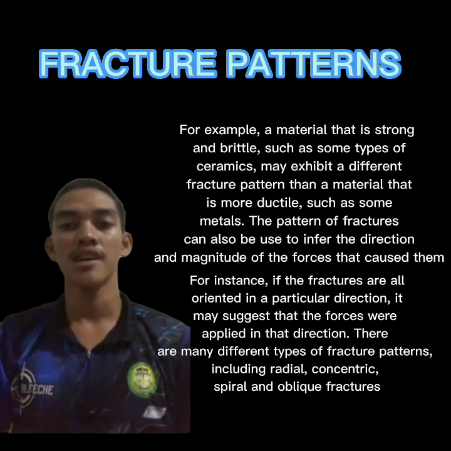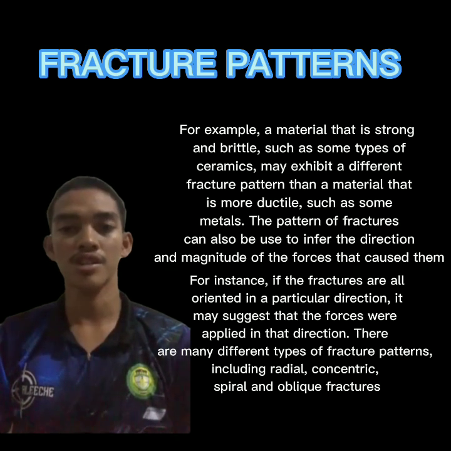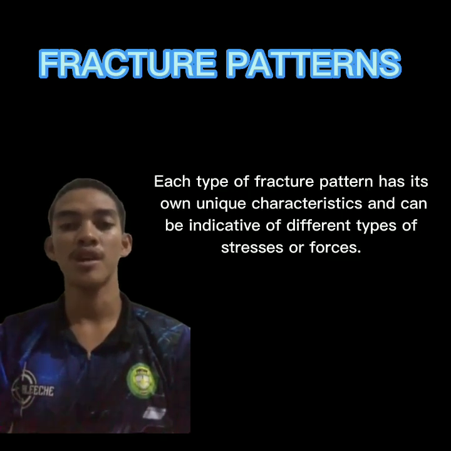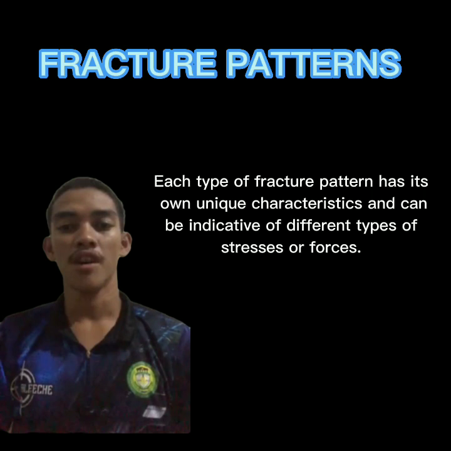For instance, if the fractures are all oriented in a particular direction, it may suggest that the forces were applied in that direction. There are many different types of fracture patterns, including radial, concentric, spiral, and oblique fractures. Each type of fracture pattern has its own unique characteristics and can be indicative of different types of stresses or forces.